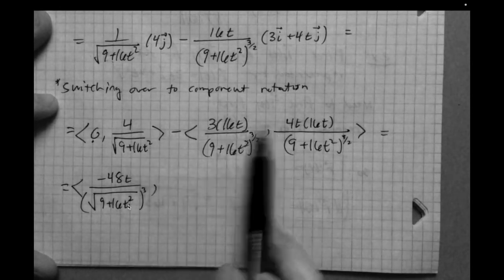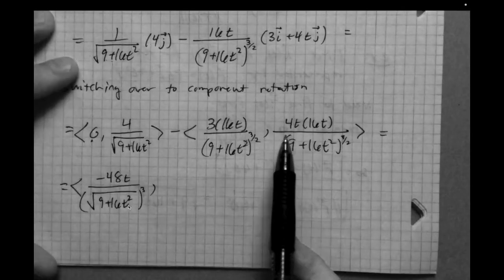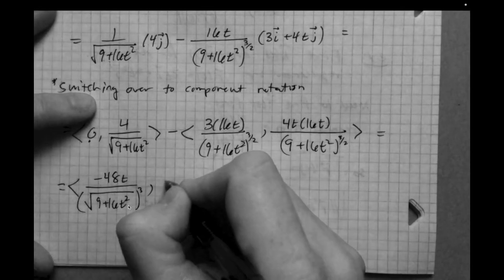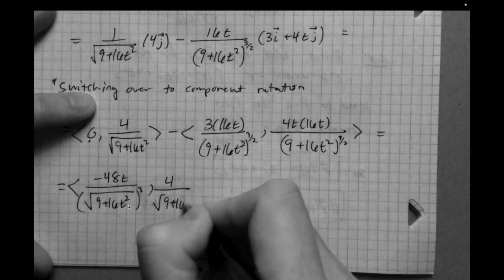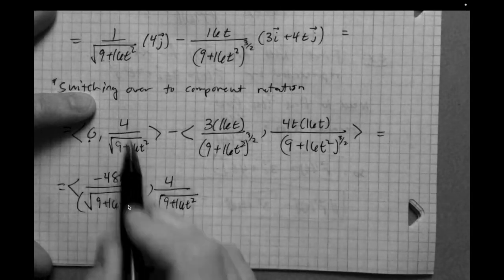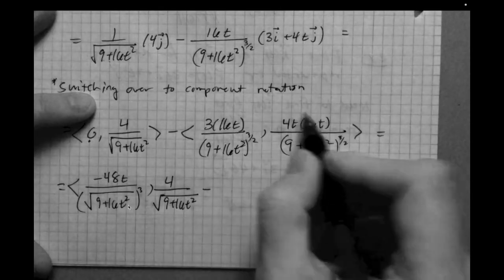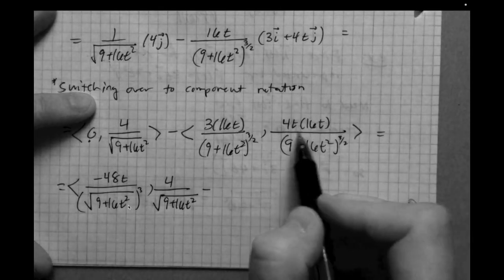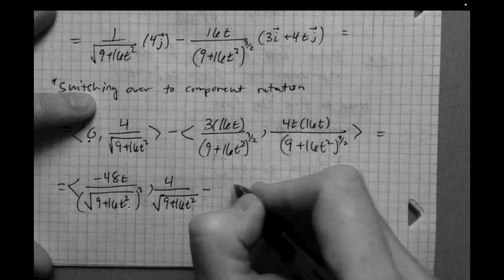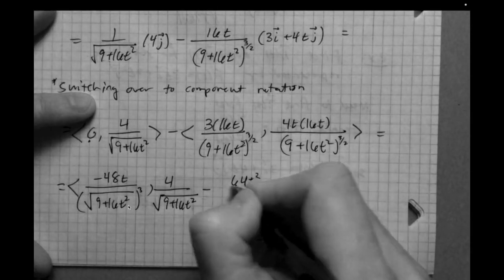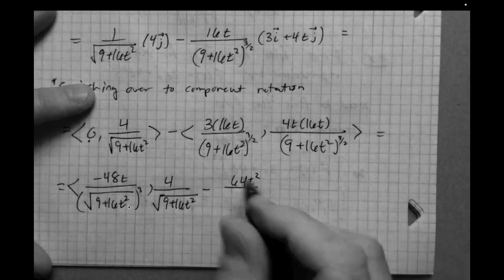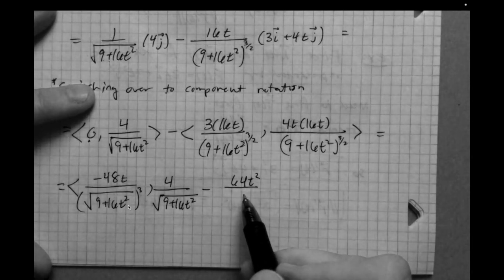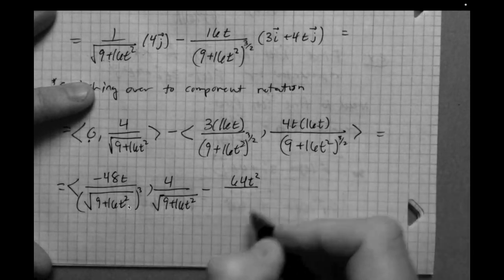And for the j component, it's going to be this minus this, so it gets a little bit crazy, but let's just write it out first. Okay, so it'd just be that thing minus this guy here. And so this is going to be 64t squared. And let's see, that's going to be, well, it'll be the same, won't it?